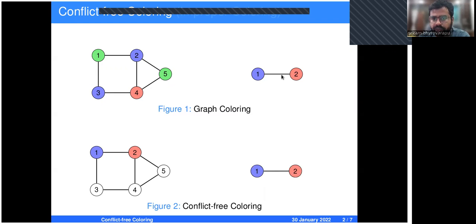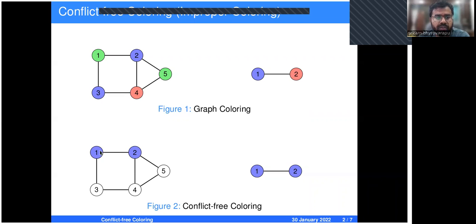So what about an edge? We give the same coloring as we have given above. The vertex 1 has the vertex 2 and the vertex 2 has the vertex 1 as a uniquely colored neighbor. So this conflict-free coloring need not be a proper coloring, meaning adjacent vertices can share the same color. So here the vertex 1 has the vertex 2 as the uniquely colored neighbor.